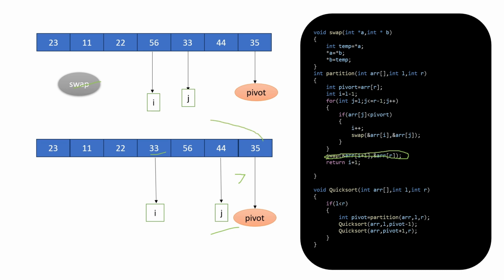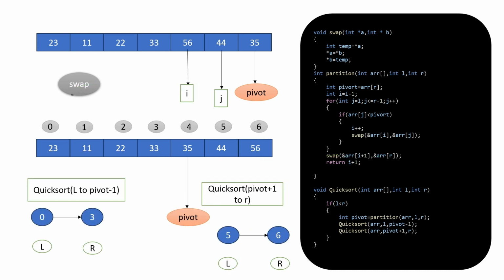So we simply swap these values. We find that the pivot element is placed at the correct position because all the elements before the 35 are smaller than 35, and after the 35 all the elements are greater than 35.